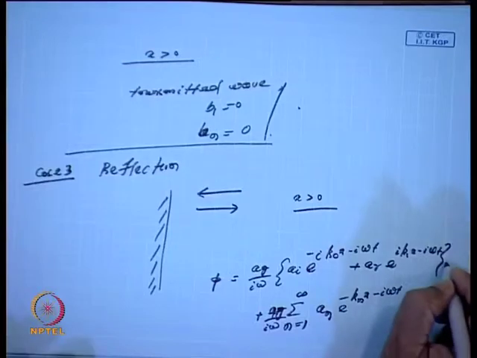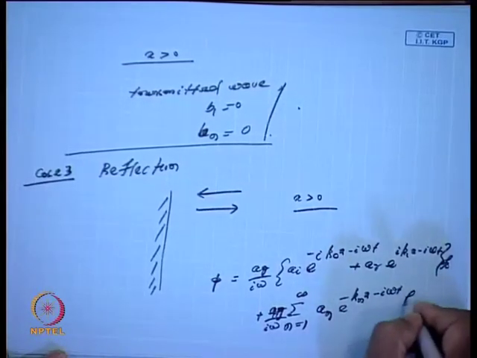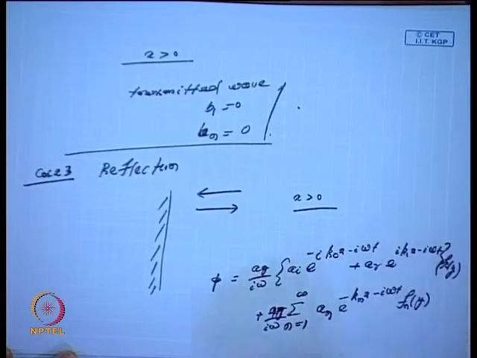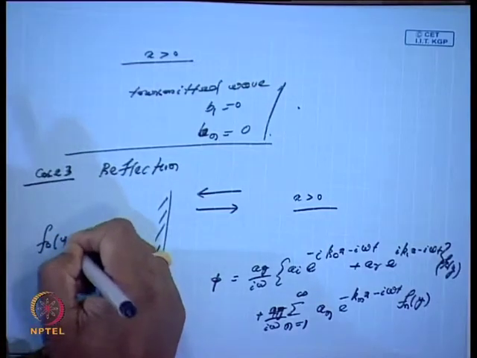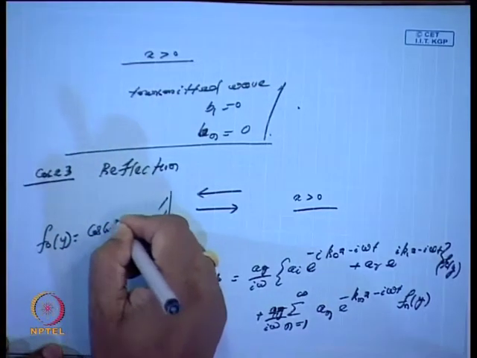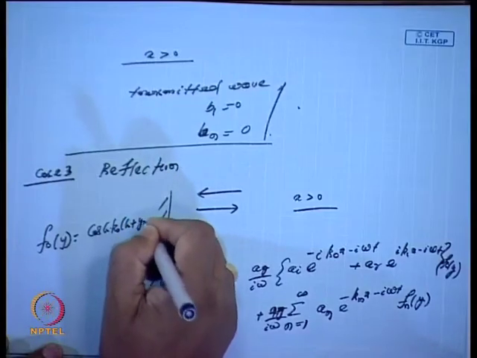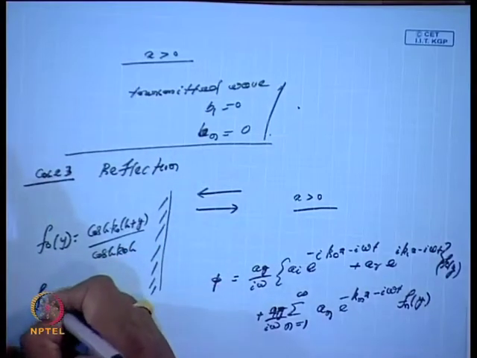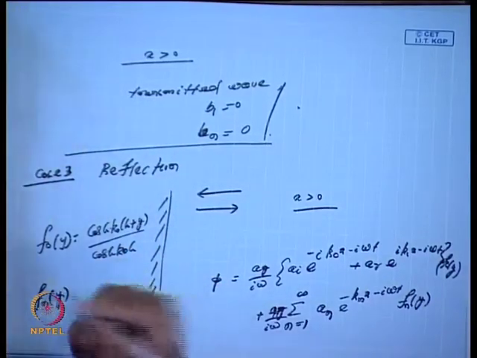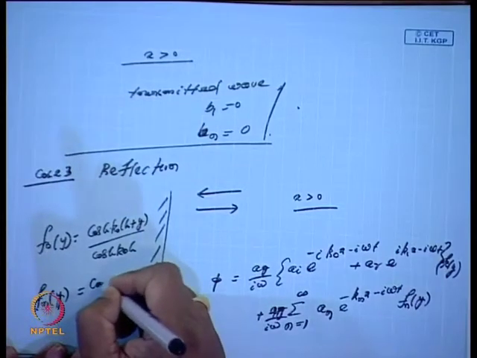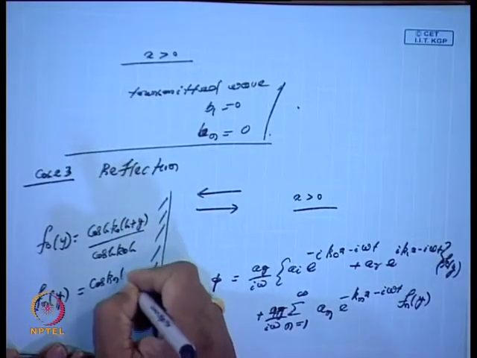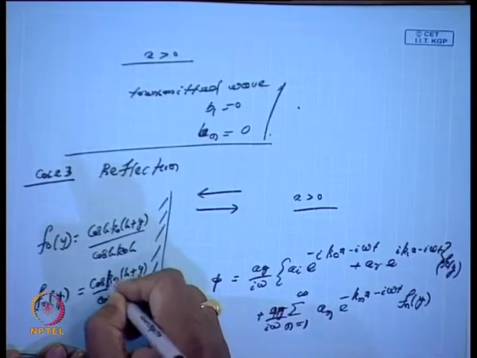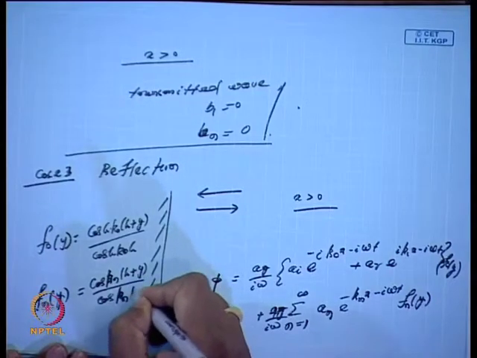There is a phi 0, I call it f 0(y), and here I call it f n(y). And what is my f n? f 0(y) is cosh k 0 (h plus y) by cosh k 0 h, and f n(y) is cos k n (h plus y) by cos k n h.